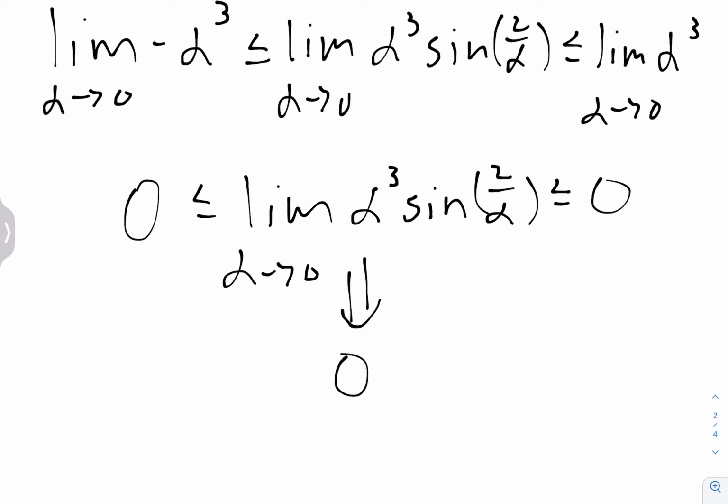So the limit as alpha approaches 0 of this is also 0. The squeeze theorem allows us to conclude that if the limit to the left of it is 0, which is less than or equal to the main limit we're looking at, and if that is less than or equal to 0, so it's being sandwiched, we know that the limit itself is also going to be equal to 0.